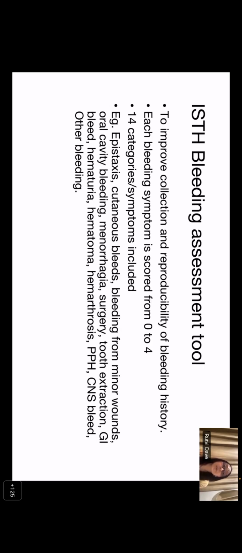So, in order to improve the collection and reproducibility of bleeding history, the International Society of Thrombosis and Hemostasis has developed the bleeding assessment tool, wherein 14 different symptoms are assessed and a score from 0 to 4 is given to each of these 14 symptoms.